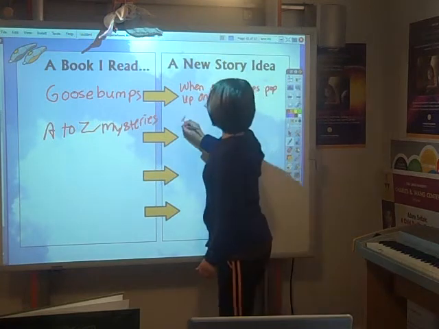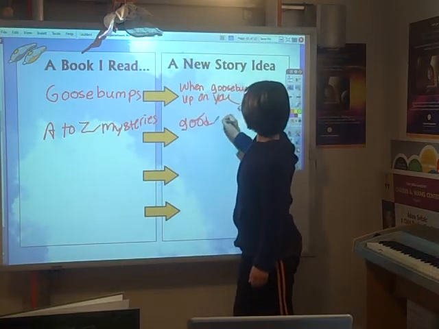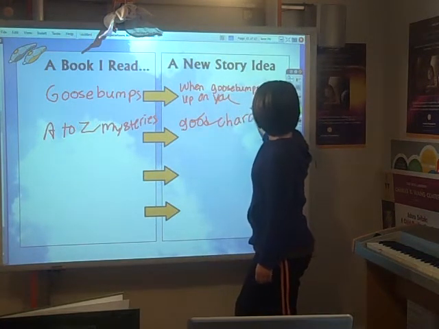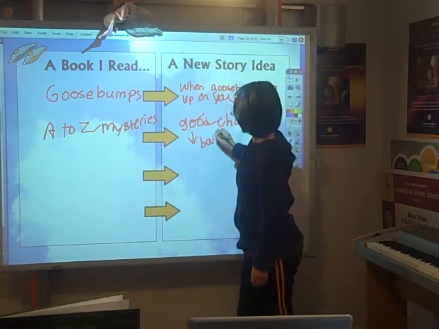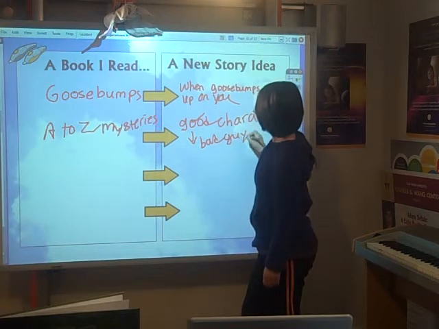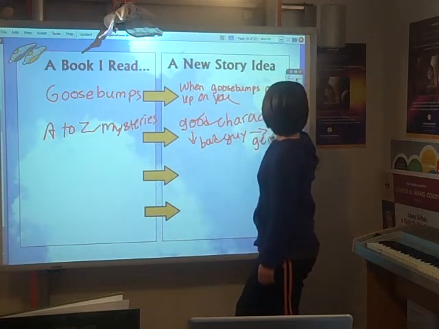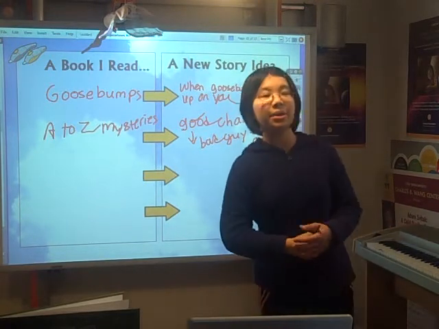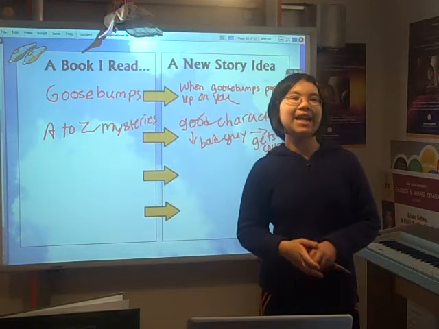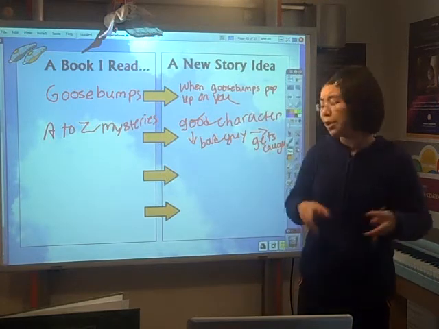Maybe a good character could turn into a bad guy, and maybe then he gets caught. So you could have your whole little plot here. You start out with a good character, then the good character becomes a bad guy, and then the bad guy gets caught. Yeah, that would be fun.